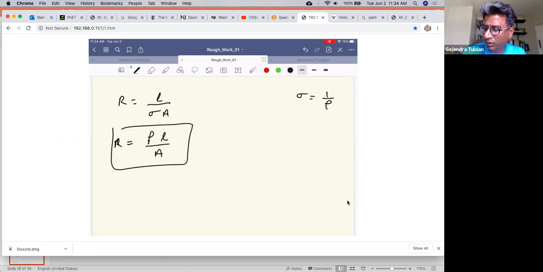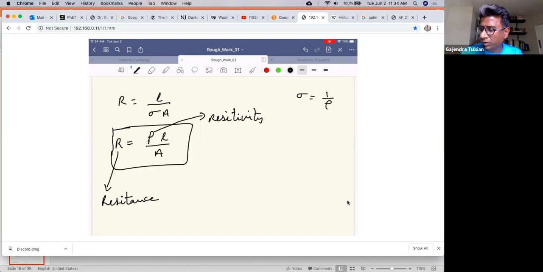And you will be doing a lab related to this formula, where the resistance is related to resistivity, length, and area like that. So this is called resistivity. This is the resistance of the wire. And of course, that's the length of the wire and area of cross section.